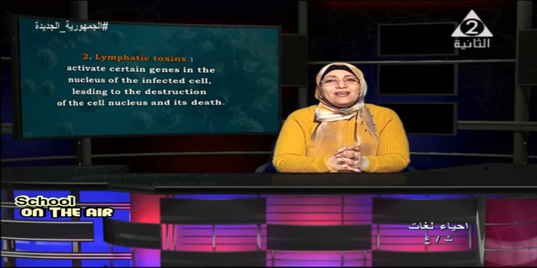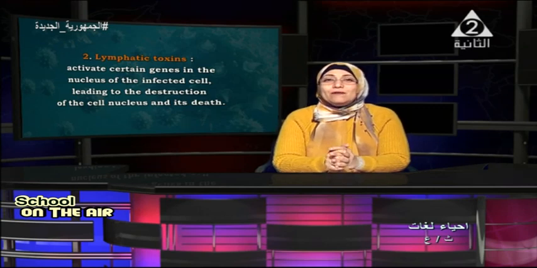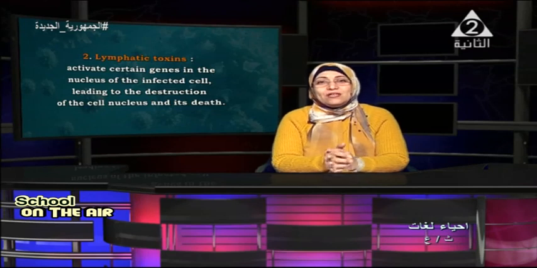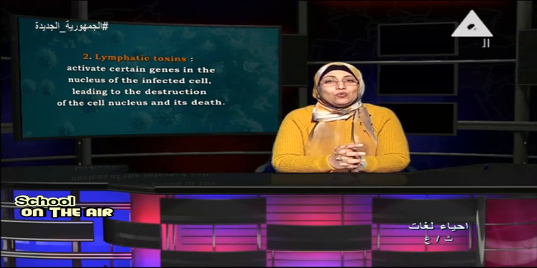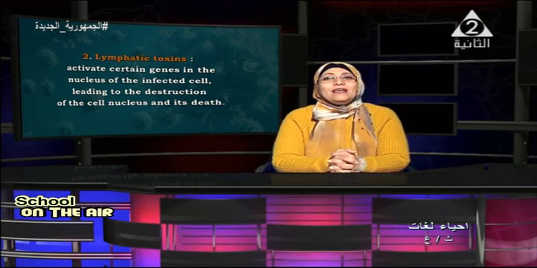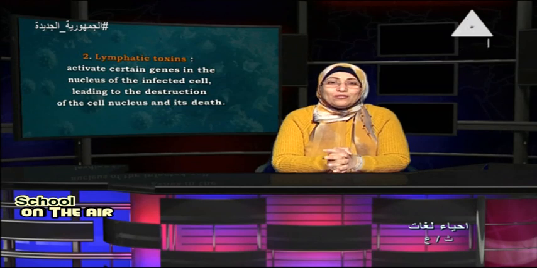The lymphatic system plays an important role in immunity. We also saw how the immune system deals with carcinogenic substances that enter the body through cytotoxic substances. Today we finish the immune system. I hope you enjoyed our time today. See you again, goodbye.